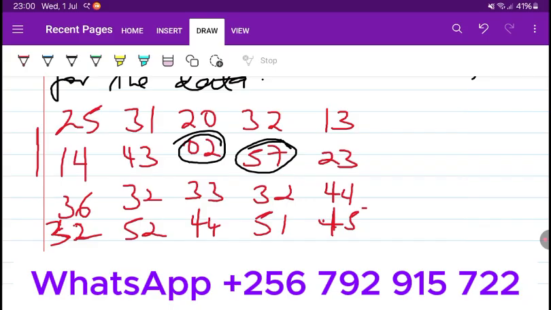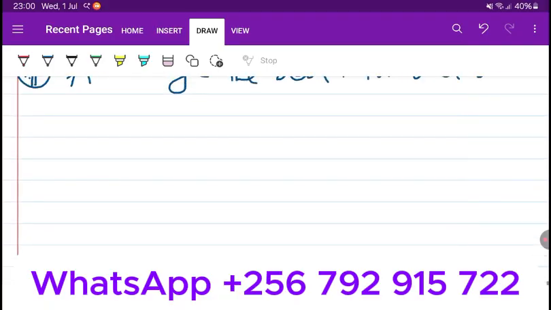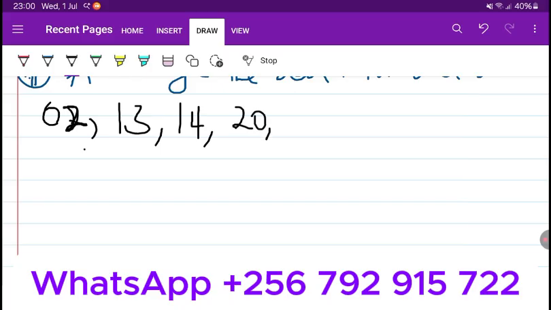We write what is missing, like we don't have a 0.3, so 0.3 will not appear anywhere. We arrange based on how those values are. So we start. We have a 0.2. If they have given it to you as a 2, take it the way it is. 13, we have a 14, we have 20, we have 23, we have 25, we have 31.